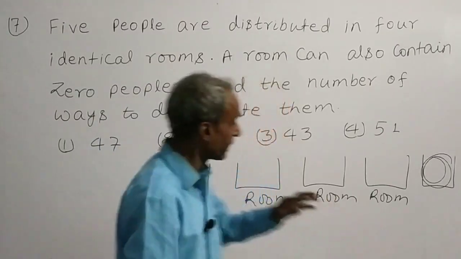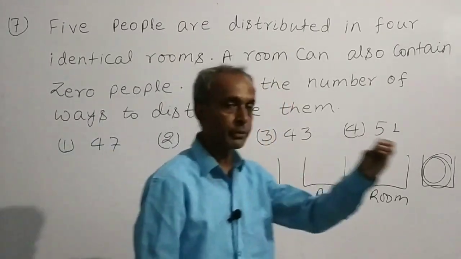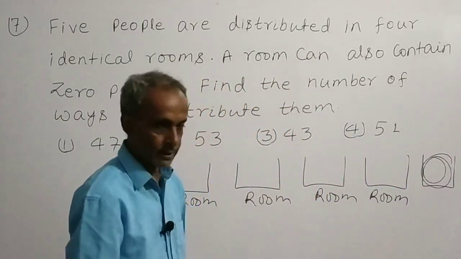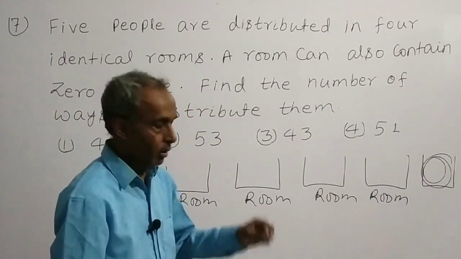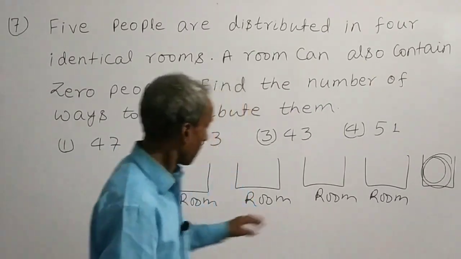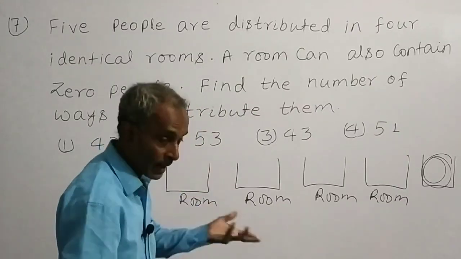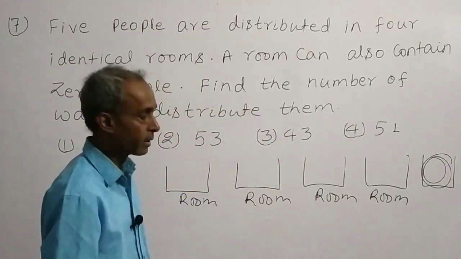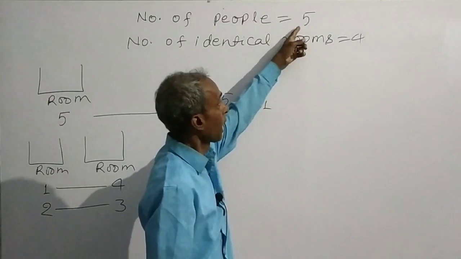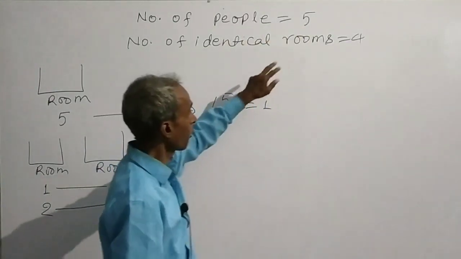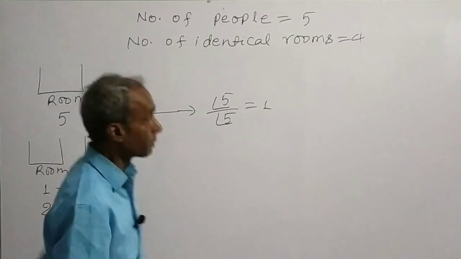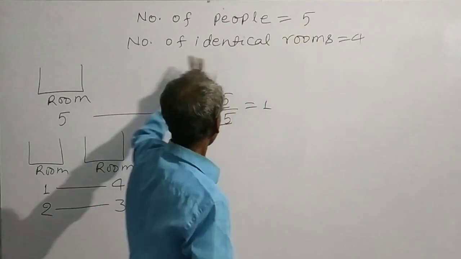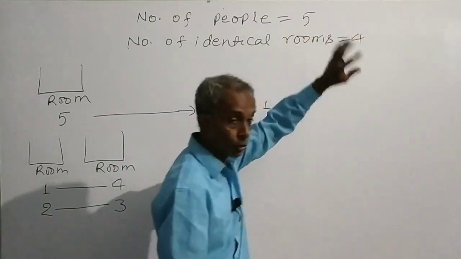That means the question is: in how many different ways can 5 different things be distributed among 1 box, or 2 identical boxes, or 3 identical boxes, or 4 identical boxes. The number of people is 5, and the number of identical rooms is 4.